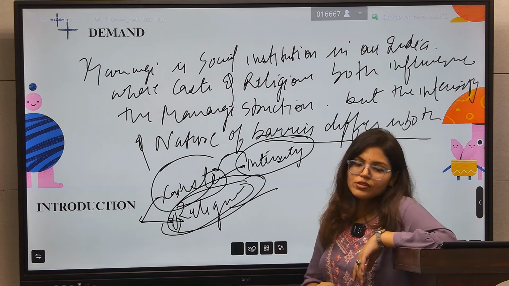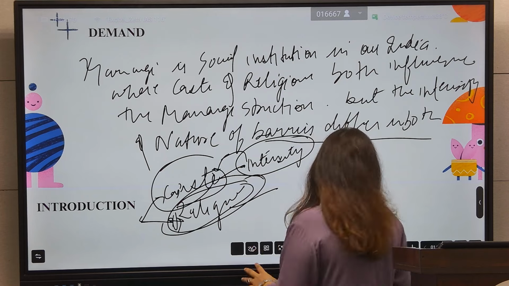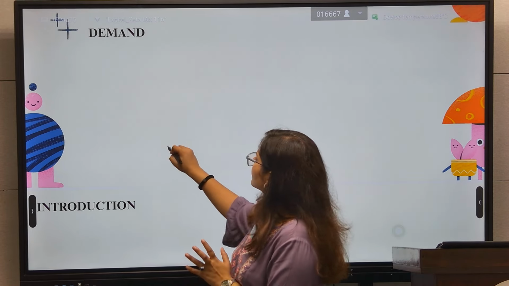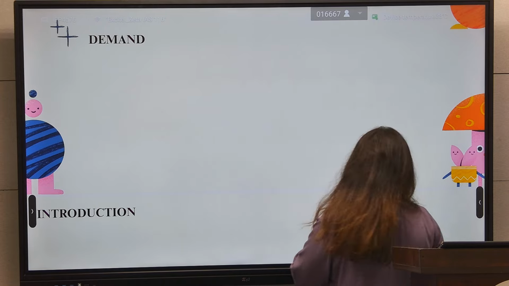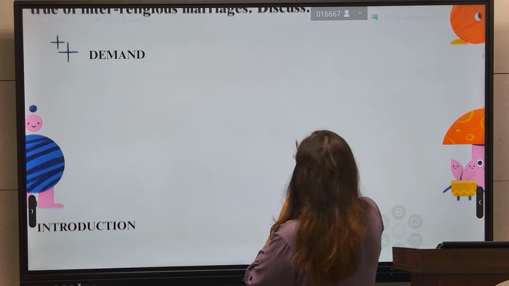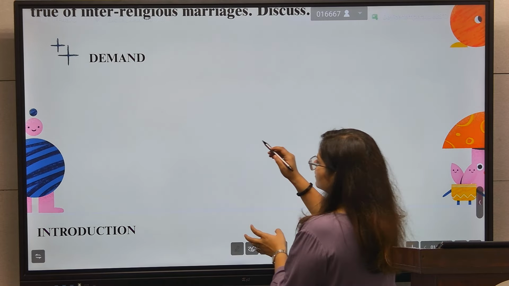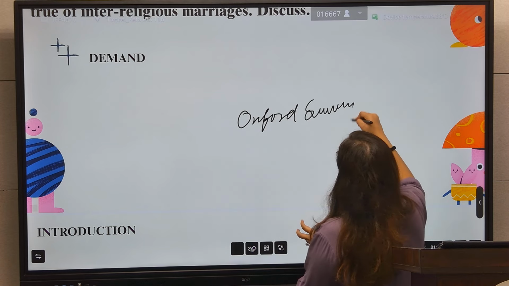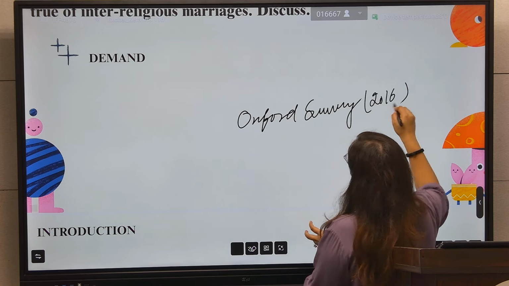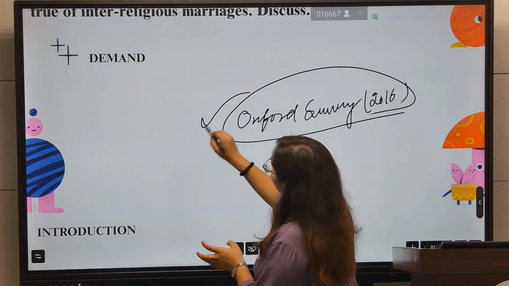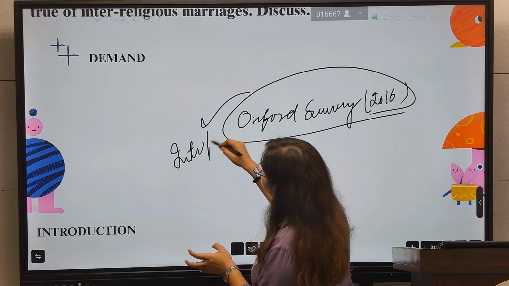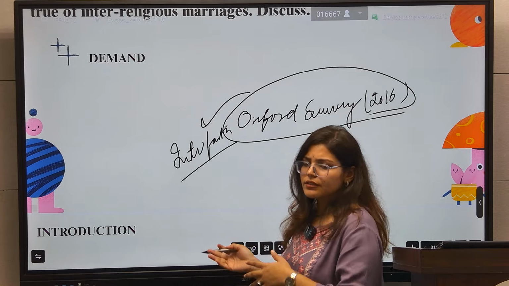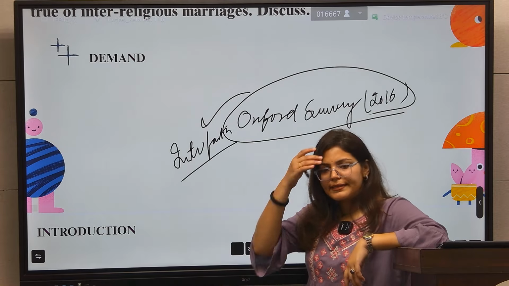So either start with the data that I gave. There is also data from an Oxford survey, 2016. It also gives data on interfaith marriages, that interfaith marriages in India, while having socio-economic parity, are decreasing.